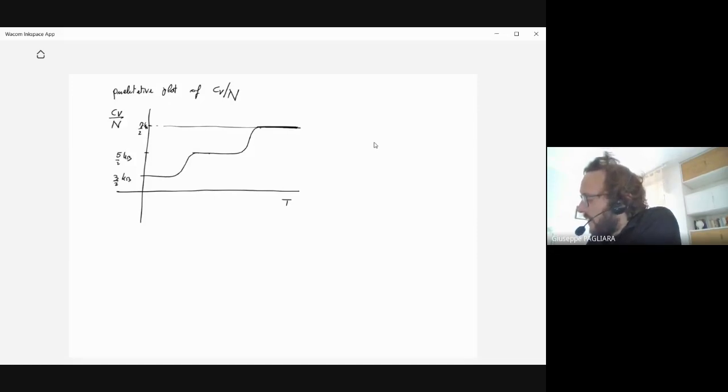And what is the reason for which we have these plateaus separated by these drops of the heat capacity? Well, those are the typical temperature scales at which rotational and vibrational degrees of freedom are excited. Now, we said before that translational degrees of freedom are excited already at a temperature of 10 to the minus 13 Kelvin.